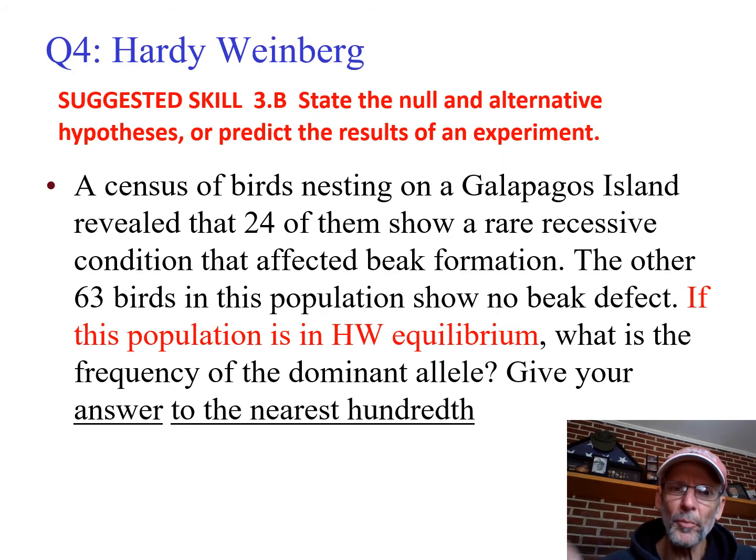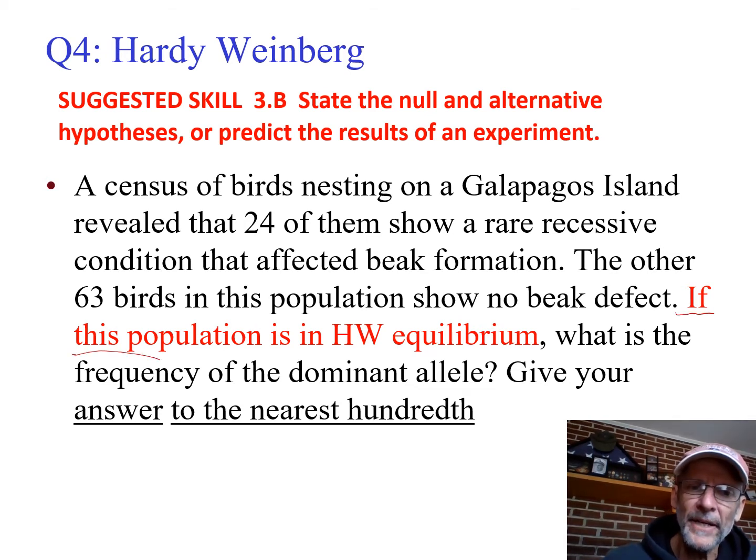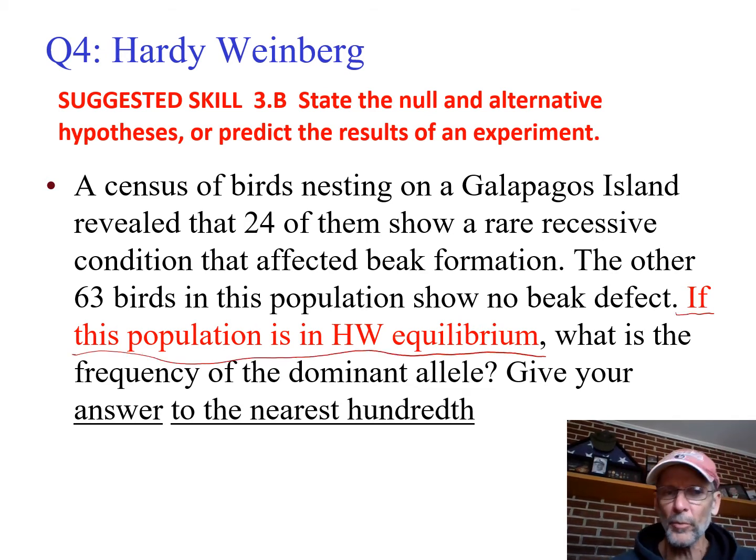Okay, so here let's do a practice Hardy-Weinberg problem. It's a kind of question they might ask. This is right from an old AP test. The numbers in this math we're about to do are all under the assumption that this population they're describing is in Hardy-Weinberg equilibrium.